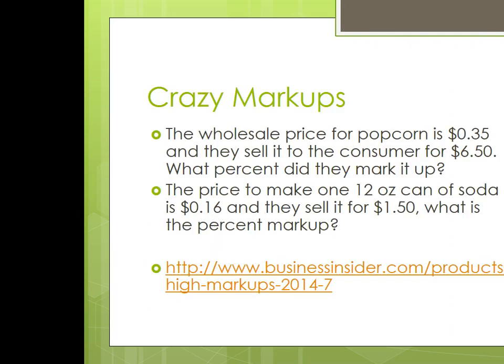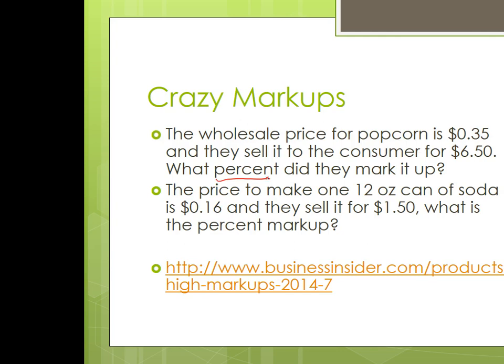Okay, so the wholesale price for popcorn is 35 cents. I cannot talk today. And they sell it to the consumer for $6.50. If you go to the movies, it's actually probably more. What percent did they mark it up? So I want to know what percent they marked it up.